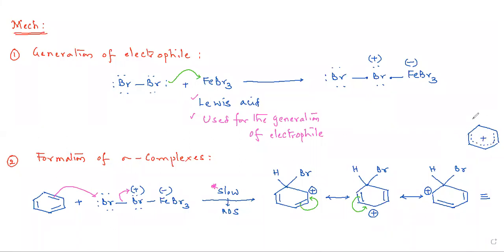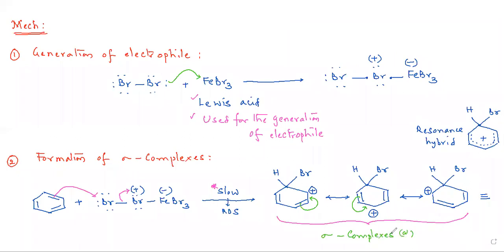Right? Of course, the H and Br. Now this is called resonance hybrid. And these are called sigma complexes or arenium ions. All are aromatic.